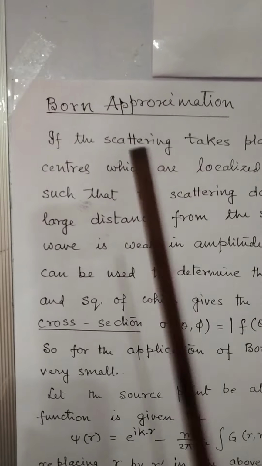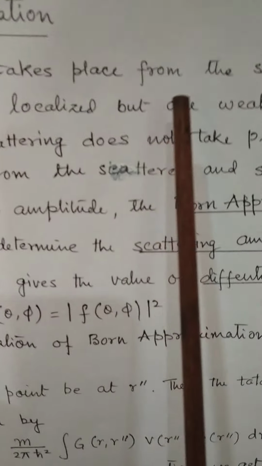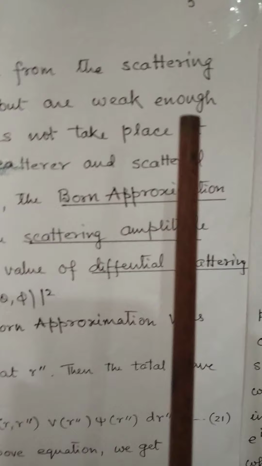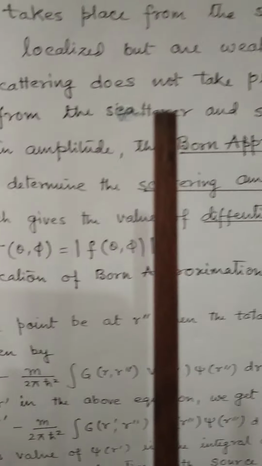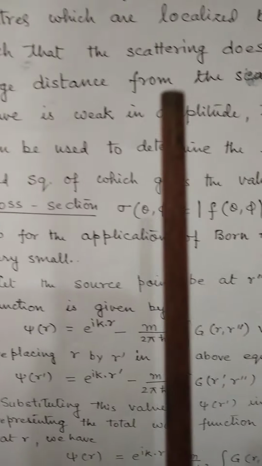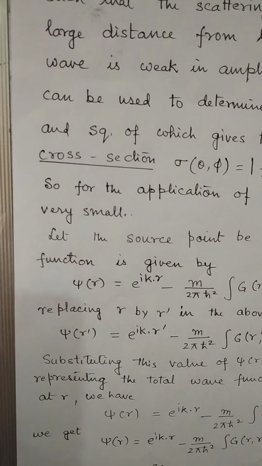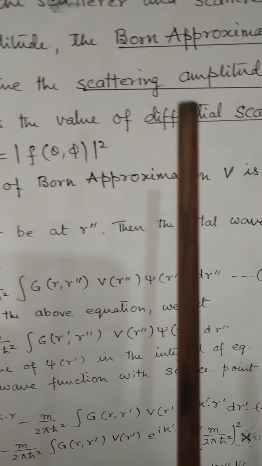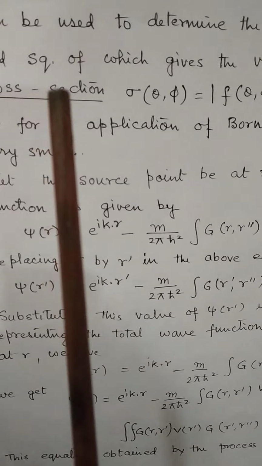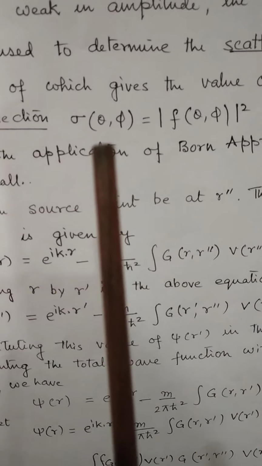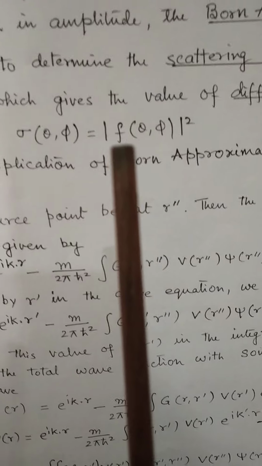Now let us start with the topic Born approximation. If the scattering takes place from scattering centers which are localized but weak enough, such that the scattering does not take place at large distance from the scatterer and the scattered wave is weak in amplitude, the Born approximation can be used to determine the scattering amplitude, the square of which gives the value of the differential scattering cross section, that is sigma of theta and phi, equal to absolute value of f function of theta and phi whole square.